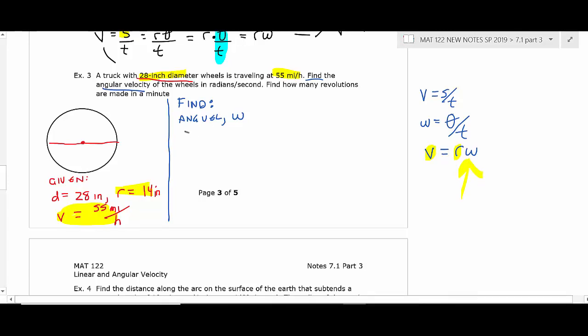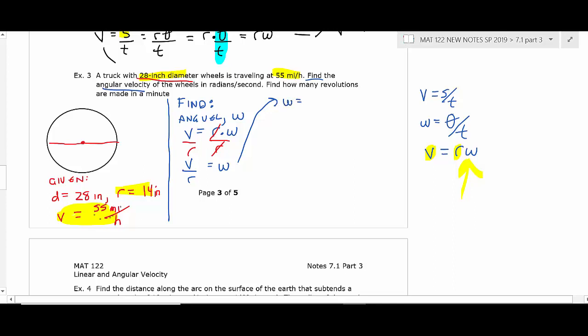All right, so let's write that down. We have v is equal to r times omega. We want to solve this equation for omega, so I'm going to divide both sides by r. To isolate that, I get omega, the angular velocity, is v over r. Now we just plug in.